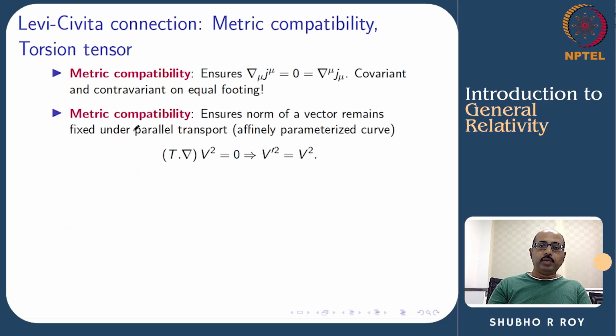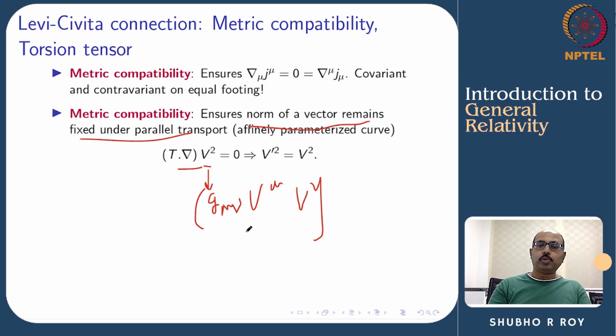Another important thing about metric compatibility is that it ensures that the norm of a vector remains fixed under parallel transport. So if you take the parallel transport and you find out whatever the v squared, the norm of the vector, you have to write it in terms of g_mu nu v^mu v^nu. So this is three terms, and then you have to follow the Leibniz rule to operate on each one of them.